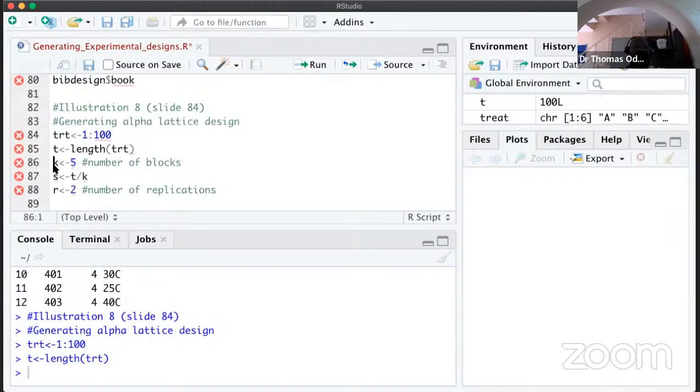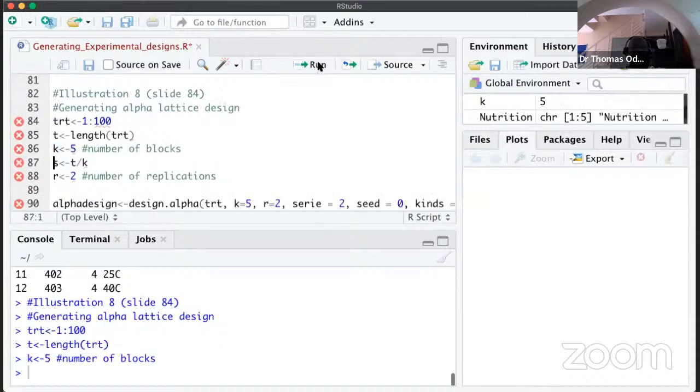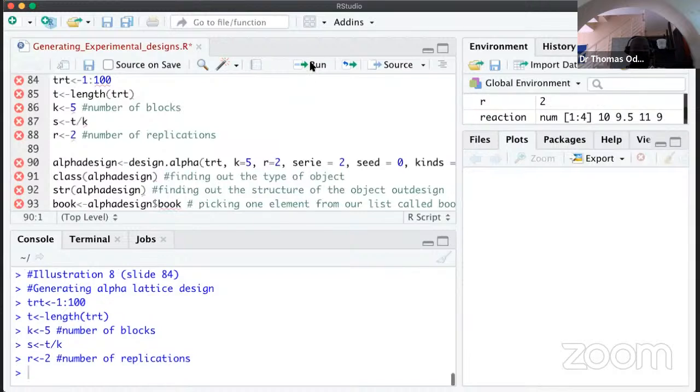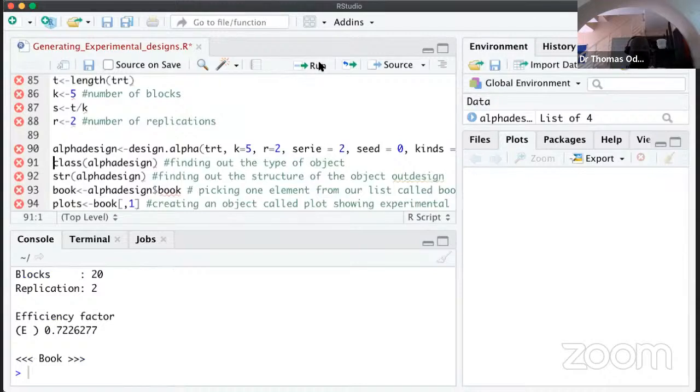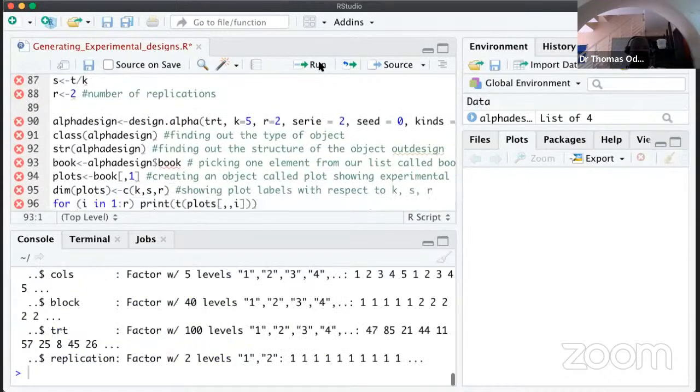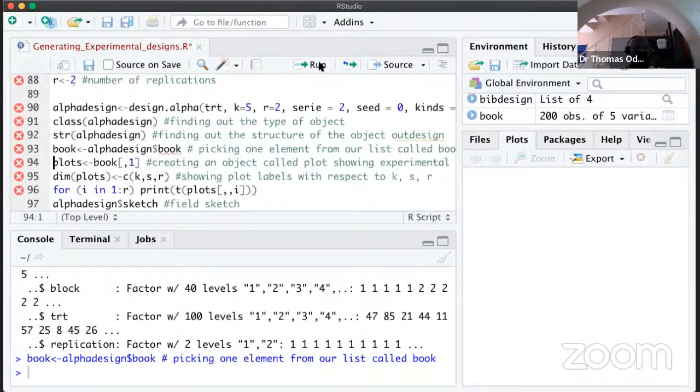And k, remember, k is the number of units within the block. And then s is the number of blocks that you need to group together in order to create a complete replicate. And here we have 2 replications. So once we define all these factors, we can then run and check our book. So let's see what is in the book here.